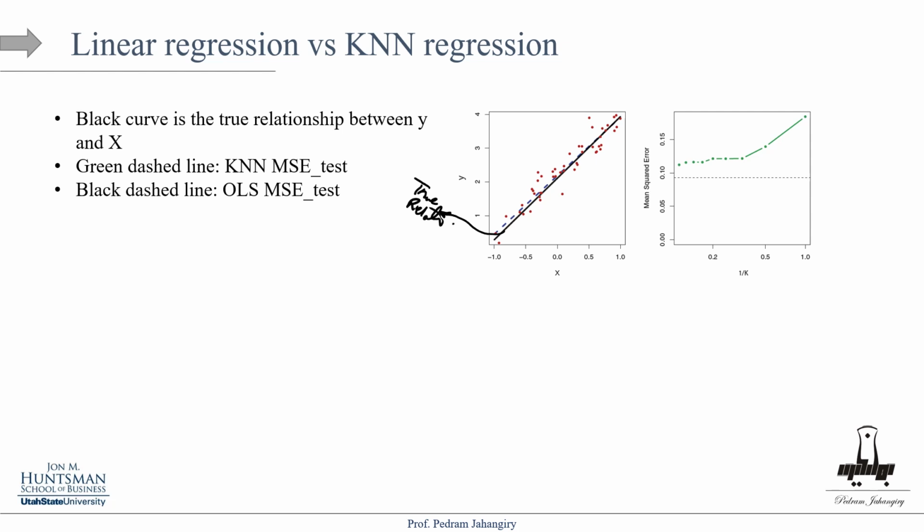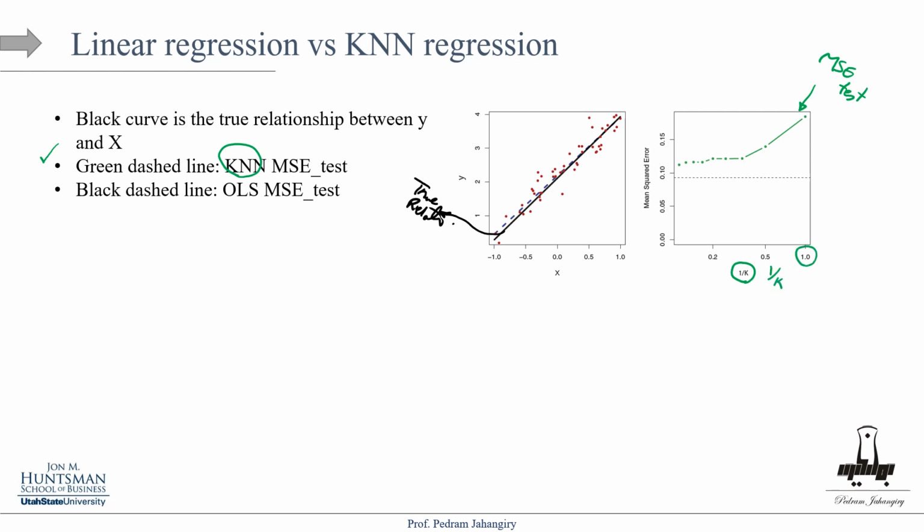And the green dashed line is going to be the MSE in the test set when we use KNN, right? So let's say we are going to report the MSE in the test set, and not surprisingly, we are interested in the performance of the model in the test set, not necessarily in the train set. Let's plot the MSE in the test set versus different values of k, and we're going to report these numbers as 1 over k.